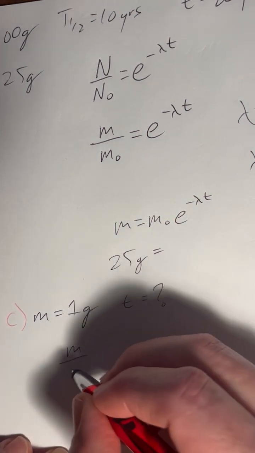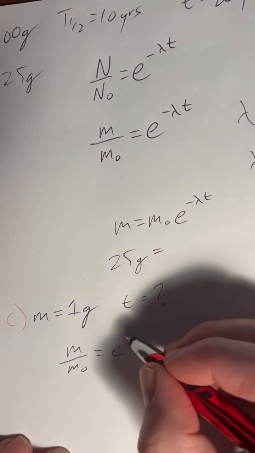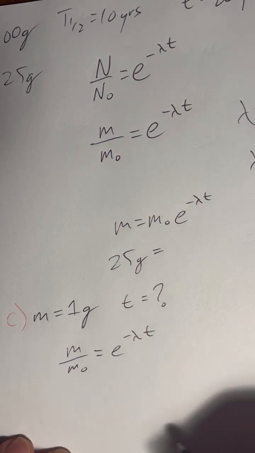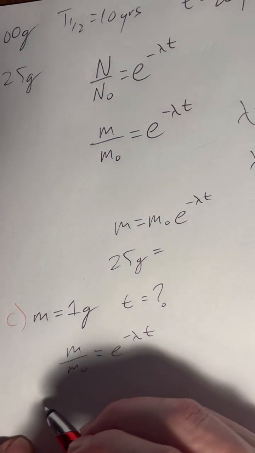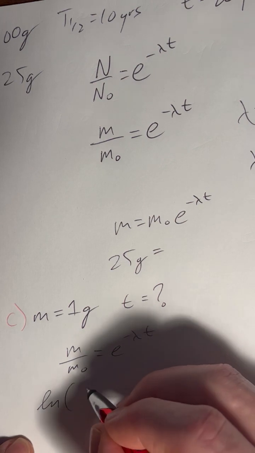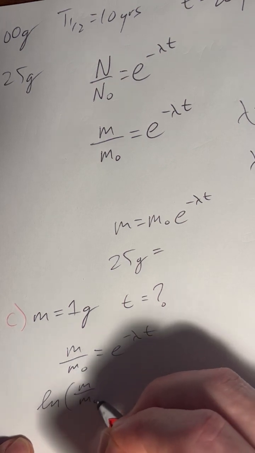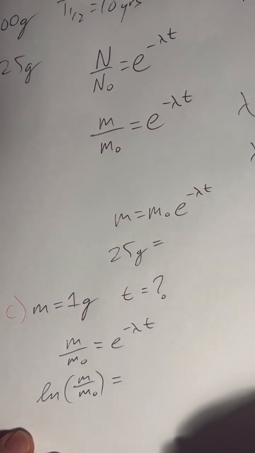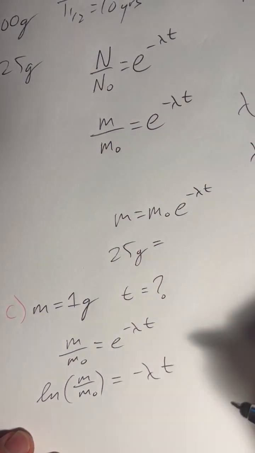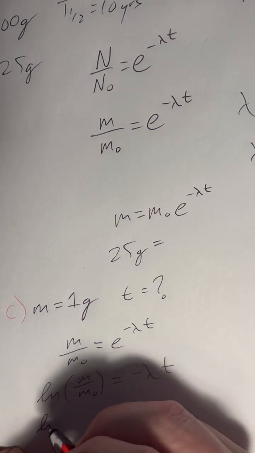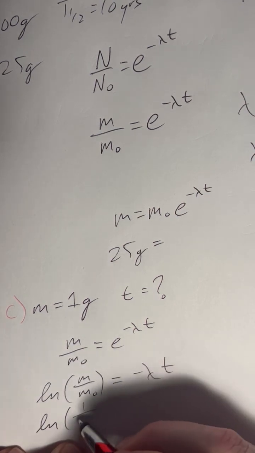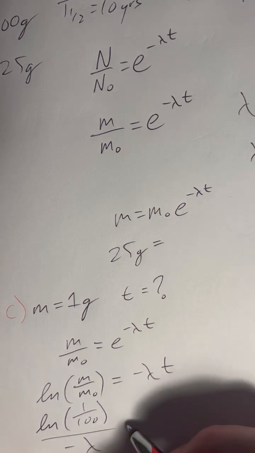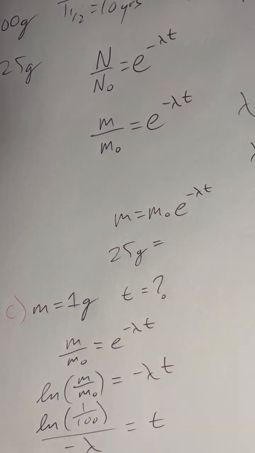So if we say m over m naught is equal to e to the negative lambda t, we must now solve for this t. So we take the ln of this side, and if I ln all this, I just end up with negative lambda t. And so if I ln, and I'm going to put the numbers in here, 1 over 100, that'll be 0.01, divided by my negative lambda, that should give us the time.